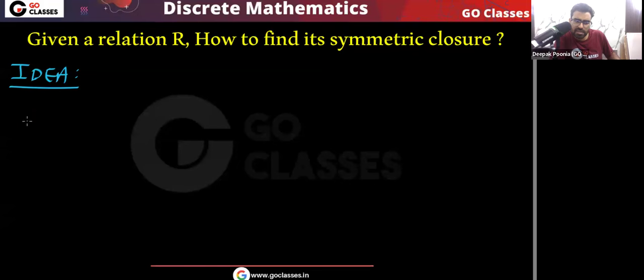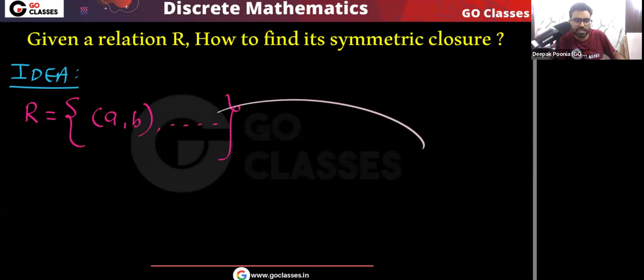See, let's assume this relation R contains AB, this pair. Okay, this relation R has this pair AB. Tell me, to bring the symmetric property, to find the symmetric closure, which pair I must add in this relation R? Tell me. This is the relation R which has this pair AB.